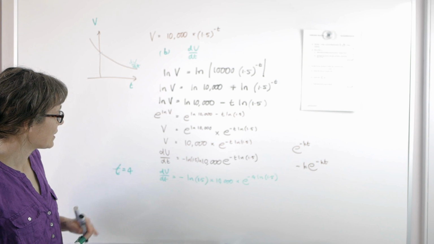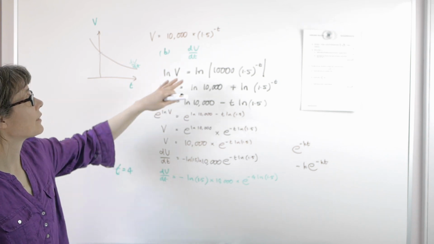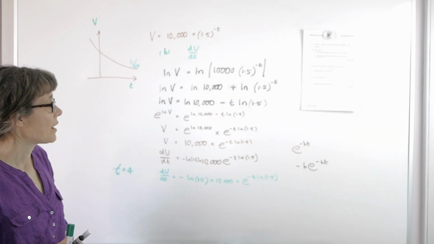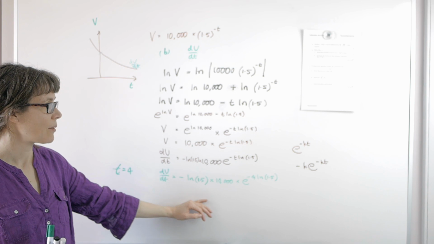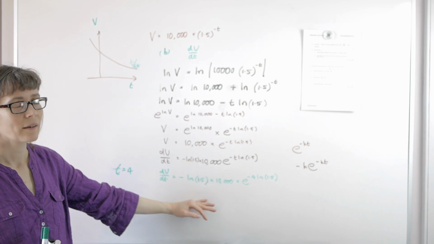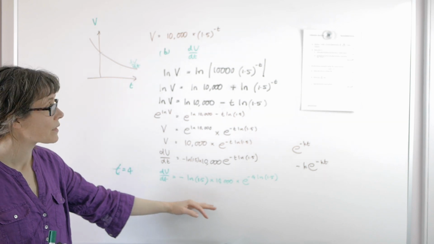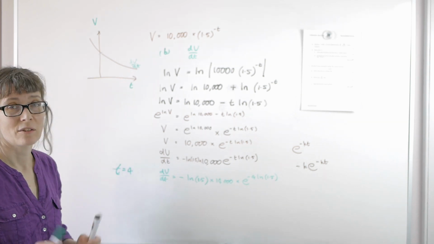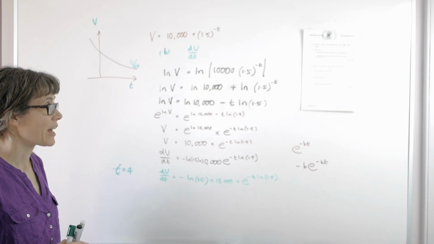And certainly this is, after 4 years, we've worked out the value in part A, and this is how fast it's decreasing, how quickly that value is dropping per year at that point. So yes, just needing the phrase rate of change somewhere in there to nail that.